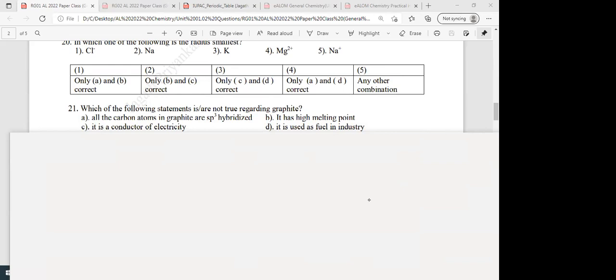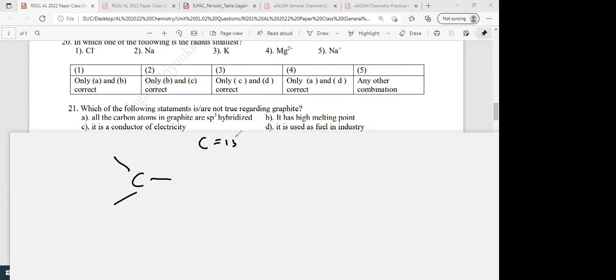Now, if you take graphite, look at the screen. Around 1 carbon atom in graphite, you learned this in O-level chemistry also, there are 3 bonds. So 1 electron is left.